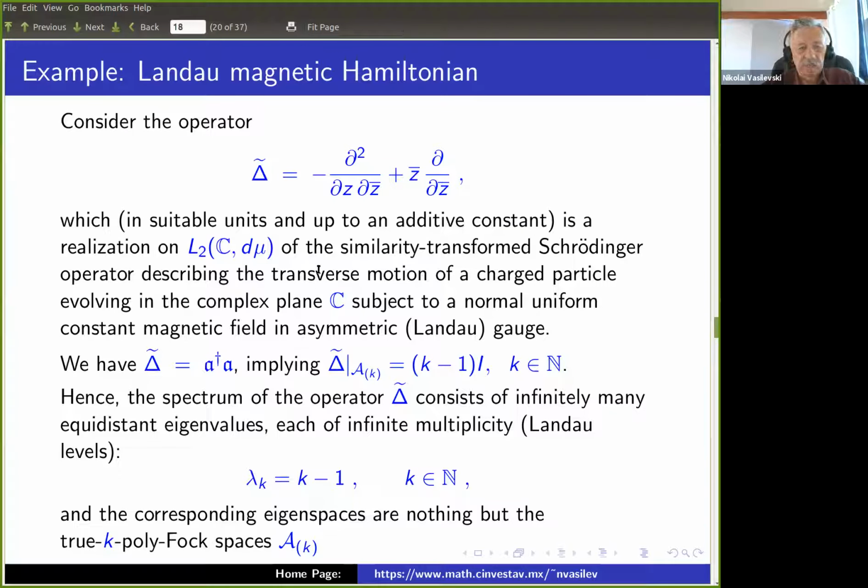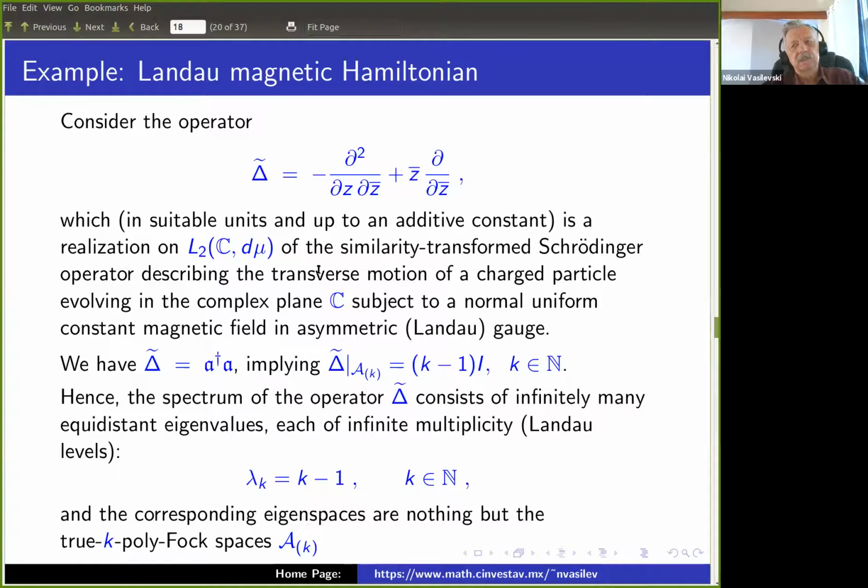I should say here some magic physical words. This operator, in suitable units and up to an additive constant, is a realization on L2 over C with Gaussian measure of the similarly transformed Schrödinger operator describing the transverse motion of a charged particle moving in the complex plane subject to a normal uniform constant magnetic field in the asymmetric Landau gauge. Well, anyway, this operator turns out to be just the product of A dagger times A.